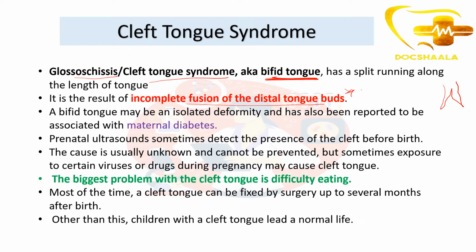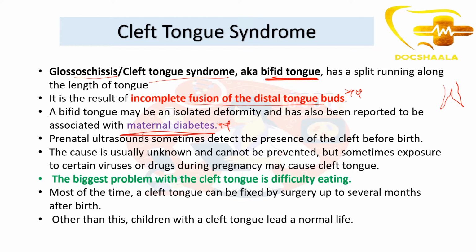So this is important. A bifid tongue may be an isolated deformity and has also been reported to be associated with maternal diabetes. Prenatal ultrasound sometimes detects the presence of the cleft even before birth.